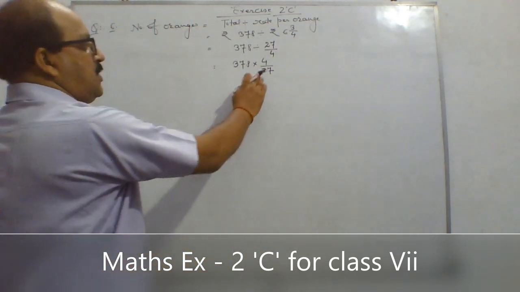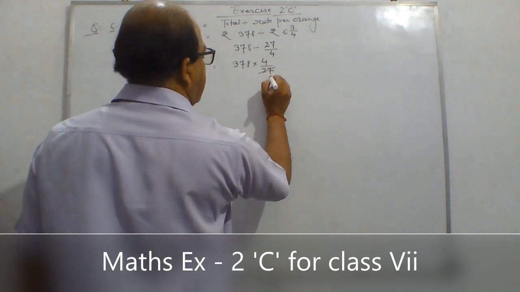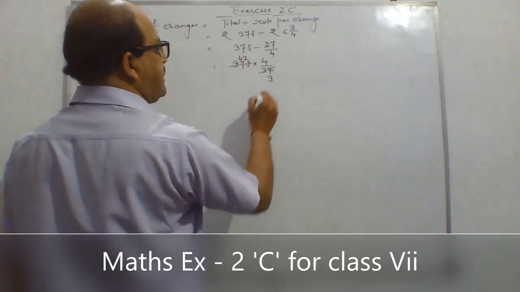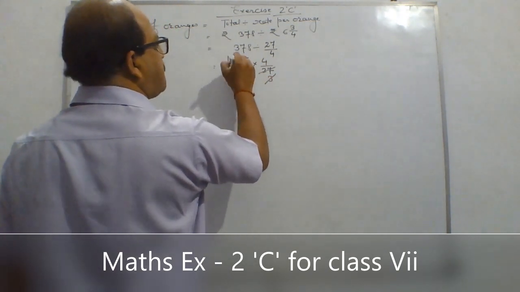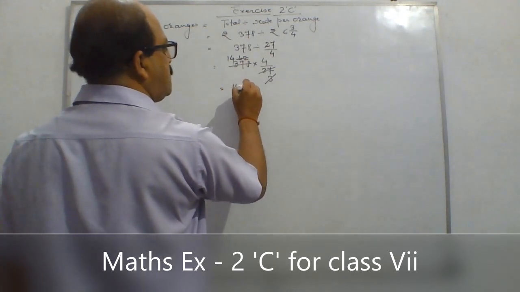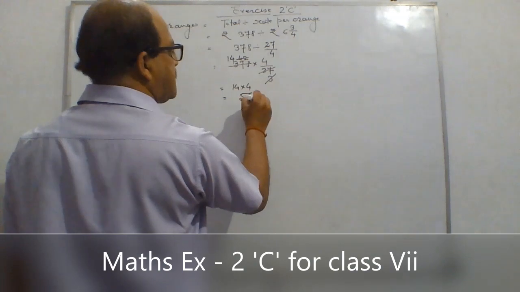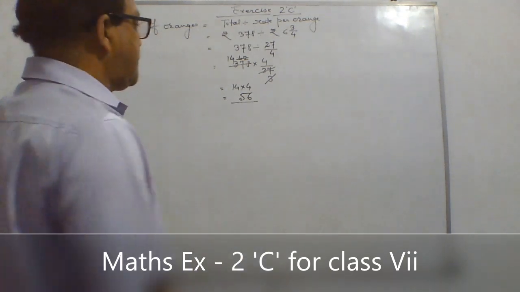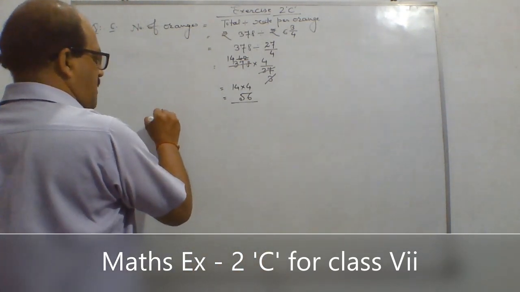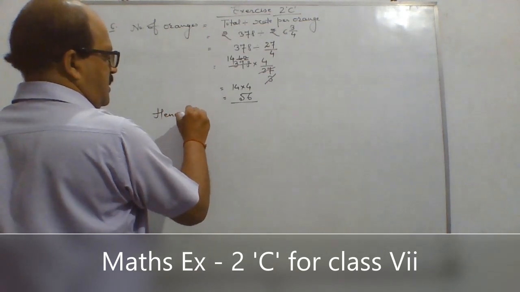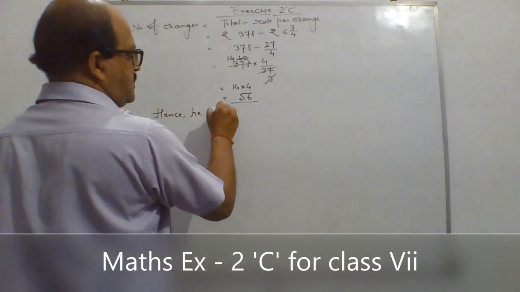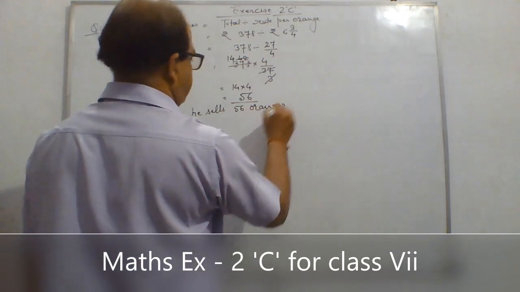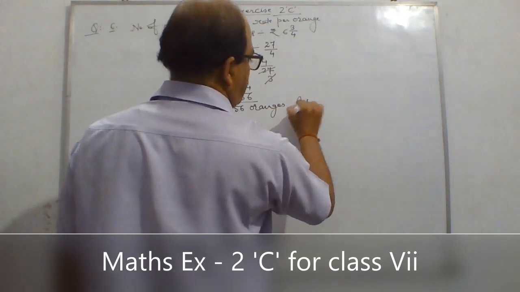Here we have to divide it by 9. 9 threes are 27, 9 fours are 36 and 9 twos are 18. So 14, and 14 into 4 is equal to 56, the total oranges. How many oranges does he sell? He sells 56 oranges. This is the answer of this question.